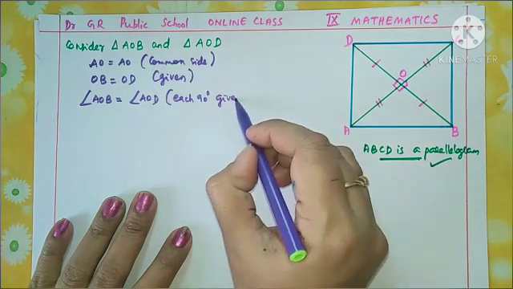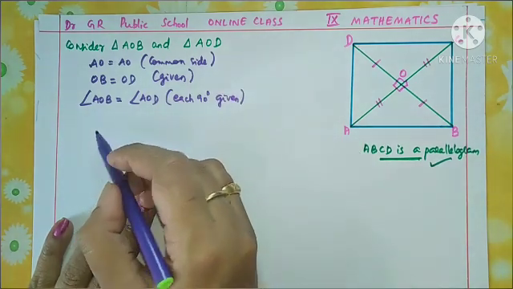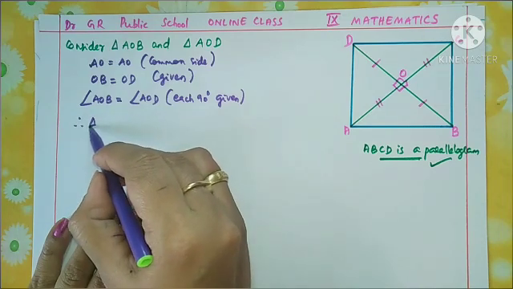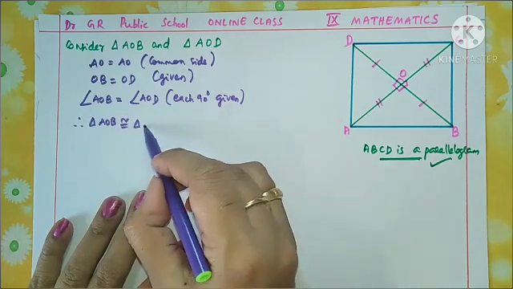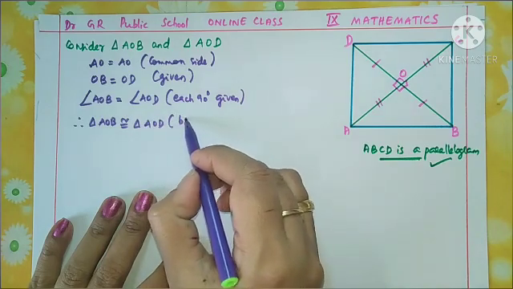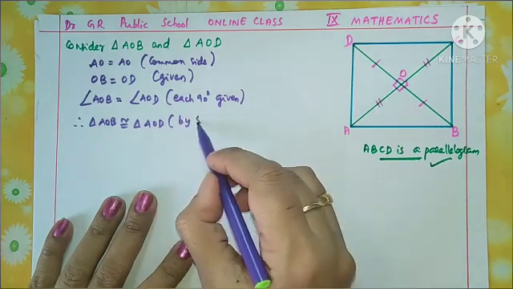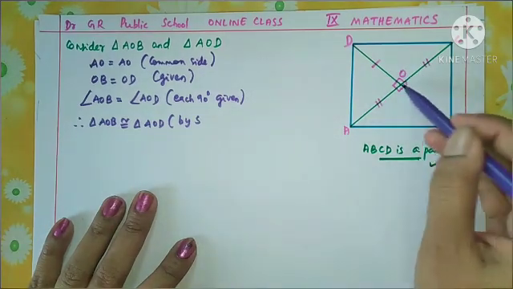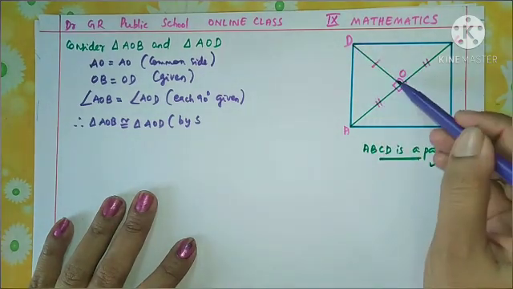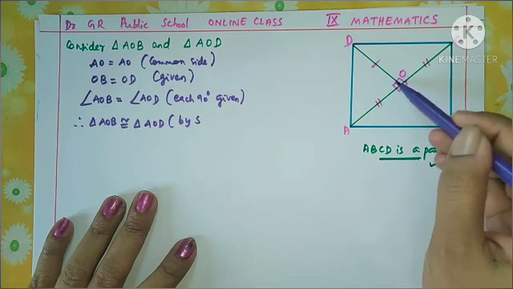Given condition. Understand? Therefore, triangle AOB is congruent to triangle AOD by SAS. AO equal to AO, common side, OB equal to OD, and angle AOB. These two angles are included angles.